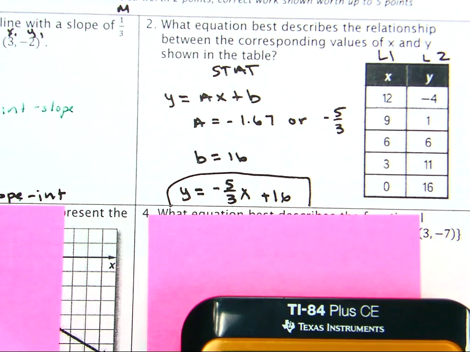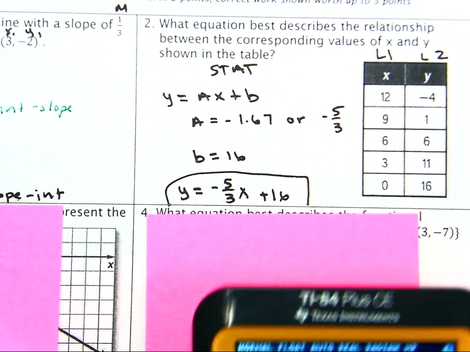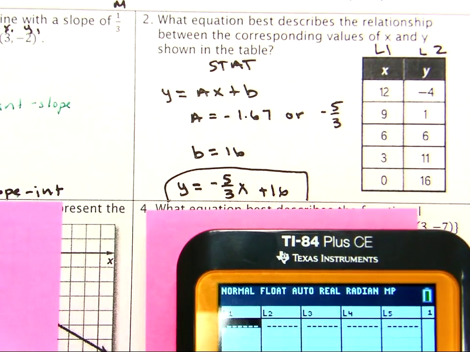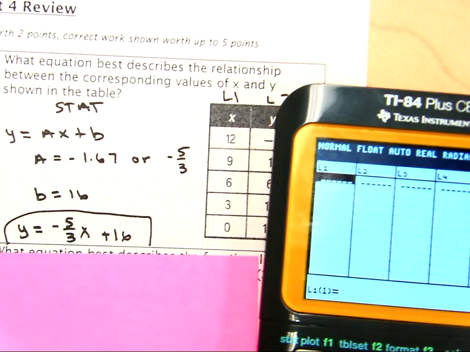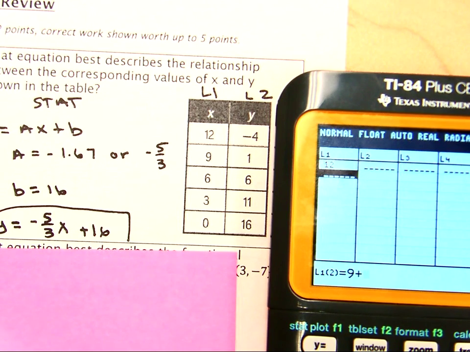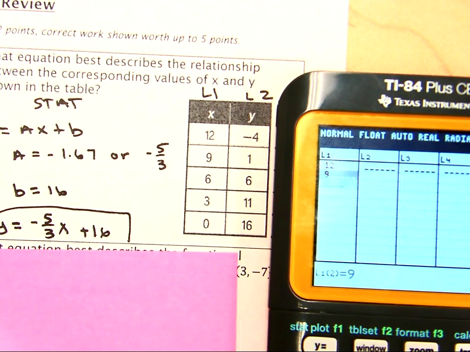So in stat, I would type in all these. So just to show you all very quickly, I type in 12, 9, 6, 3, 0, -4, 1, 6, 11, and 16.